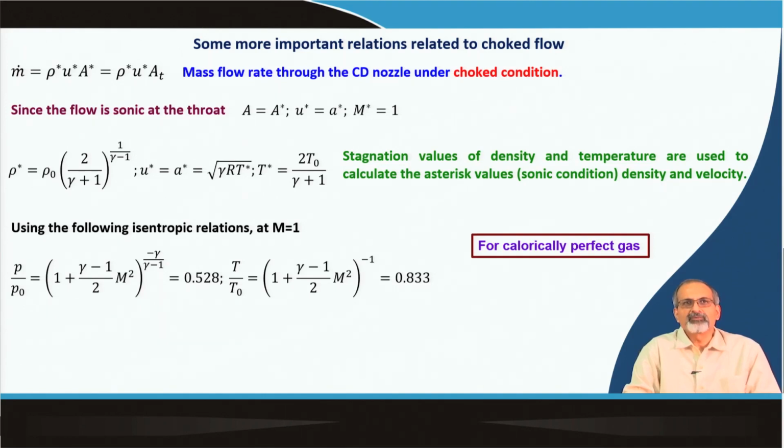If you are not recalling these relations very clearly at this point, it may be a good time for you to go back to earlier lectures and recapitulate all these relations. We further remember that following the isentropic relations at M equal to 1 for a calorically perfect gas, how to calculate the P by P naught, T by T naught at the throat.